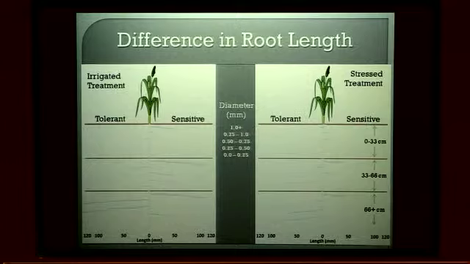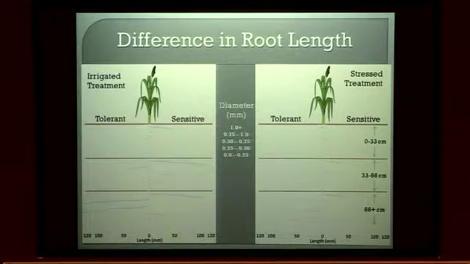What we're interested though is how those roots respond under stress treatments. So under tolerant, the tolerant varieties under the stress treatment, we begin to see a pattern of producing the smaller roots. I hope you guys can see that, but there's a large difference in production of root length for the tolerant varieties in these very small diameter root classes, which indicates the importance of being able to produce a smaller root that can cover more areas.